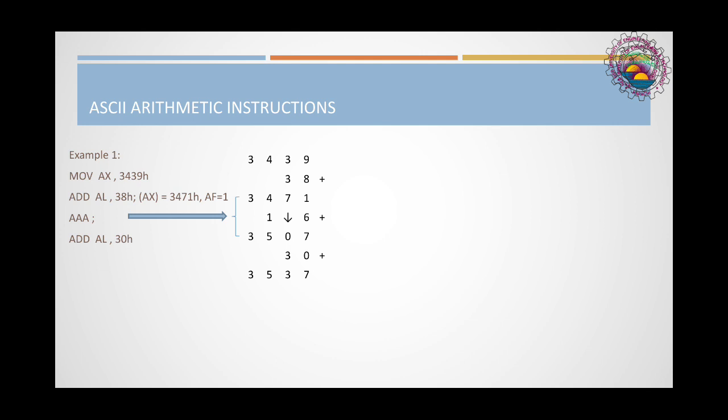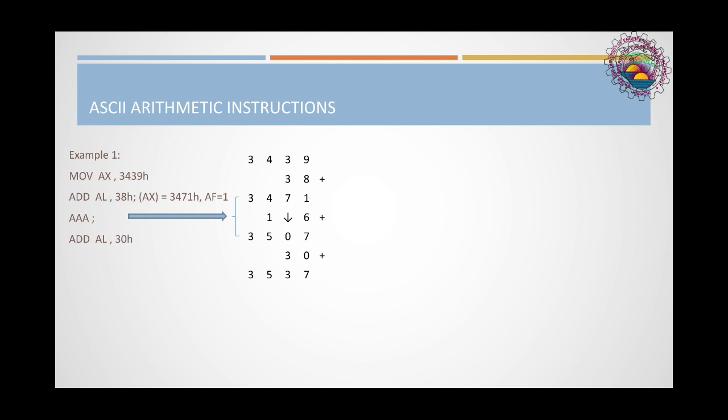So for adjustment of the ASCII back to the ASCII, we have used the AAA instruction, ASCII adjustment after addition. As you may see, the lower nibble of AL is having 1, that is not requiring the adjustment, but because the auxiliary carry flag is having logic 1, AL will be adjusted.